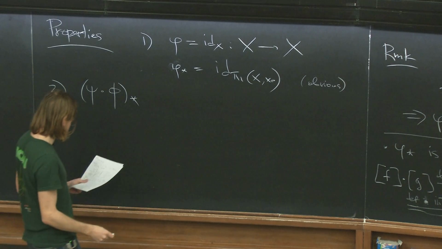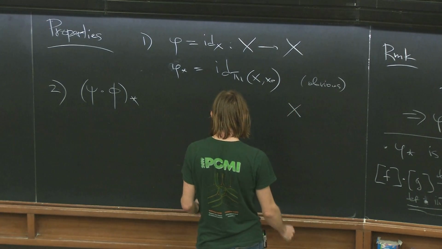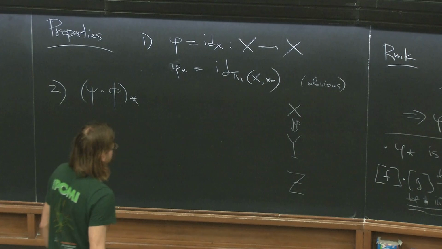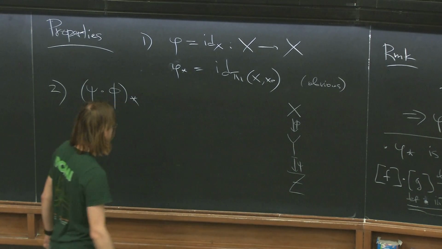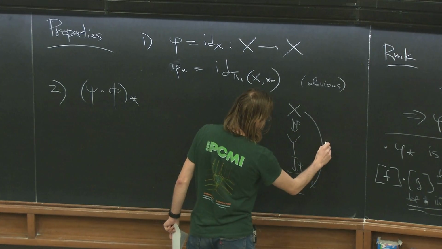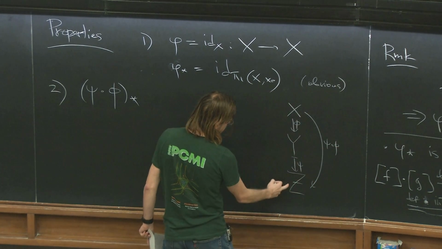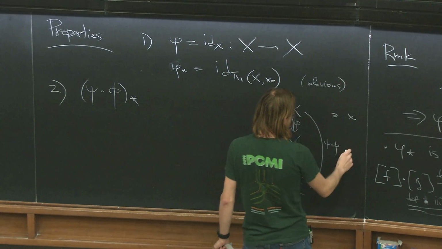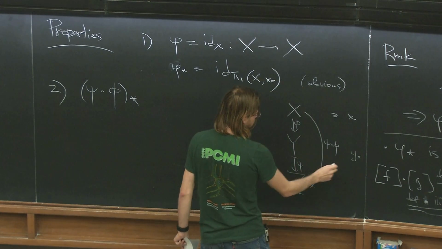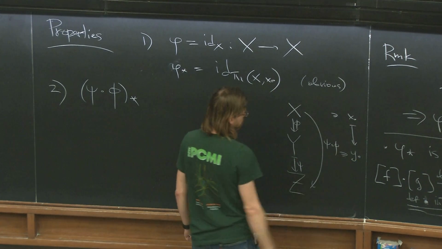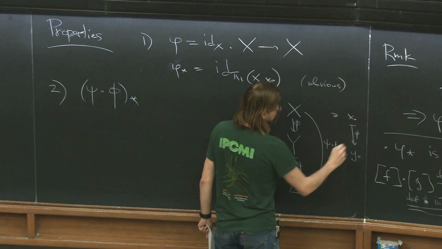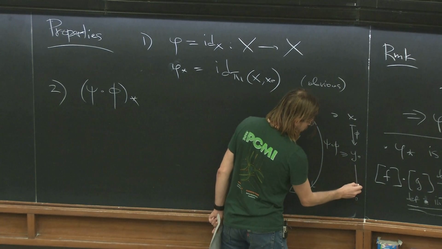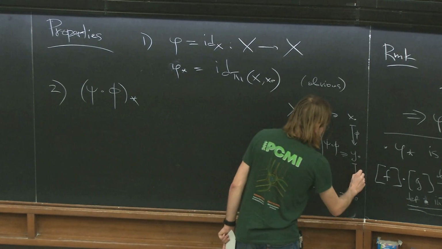So consider a triple of topological spaces X, Y, and Z, and consider a map phi from X to Y, and a map psi from Y to Z, and then we can consider their composition, psi composed with phi, which goes directly from X to Z. And we also will consider some base point x0 in X, and correspondingly the base point y0 in Y, so that y0 is the image of x0 under the map phi, and similarly a base point z0 in Z, which is the image of y0 under the map psi.